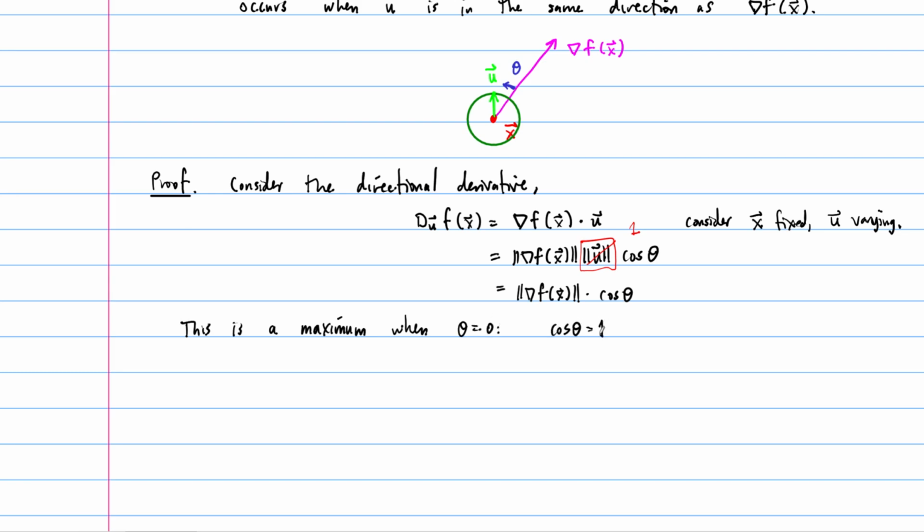Cosine of theta is then equal to 1, and therefore the maximum value over all these direction vectors u of d sub u of f at x is then just equal to the magnitude of the gradient vector times 1, right? And also, if theta is equal to 0, then that means there's no angle between these, and thus u is in the exact same direction as the gradient.